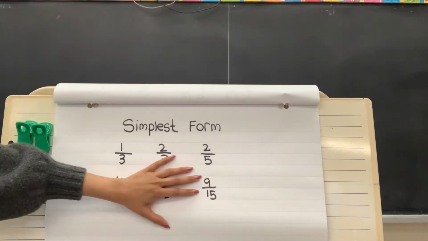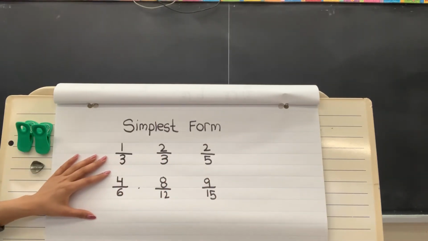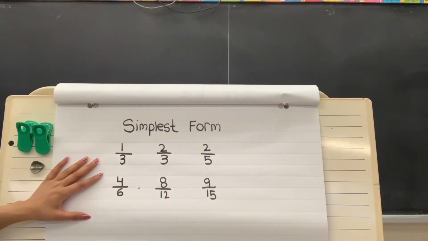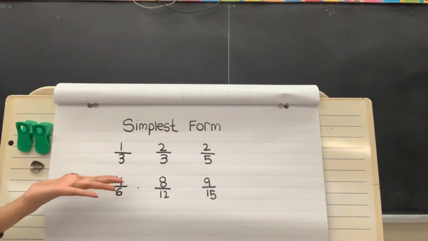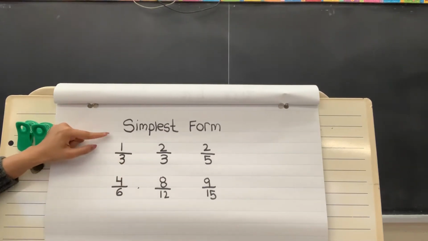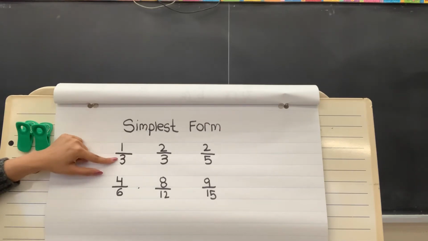Okay, so let's look at this. How could we determine if a fraction is in its simplest form? Okay, now please pay attention, this is important. Anytime both the numerator and the denominator are even numbers, the fraction cannot be in its simplest form.